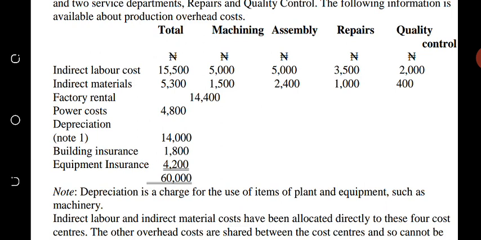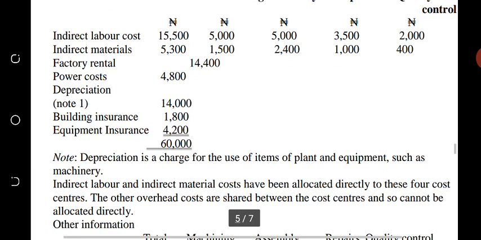But now the factory rent, which is the rent of the building as a whole, the rent of the factory as a whole. So how can this rent, this 40,400, be apportioned? And then the power cost, which is electricity, and the depreciation.